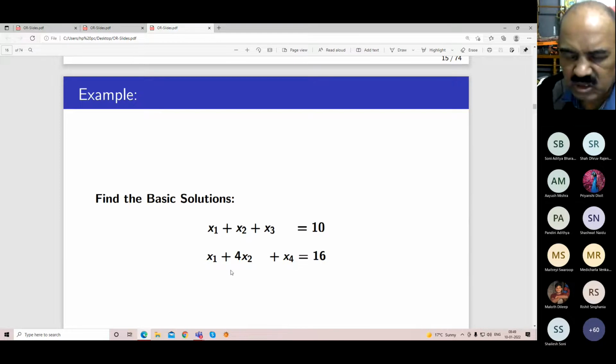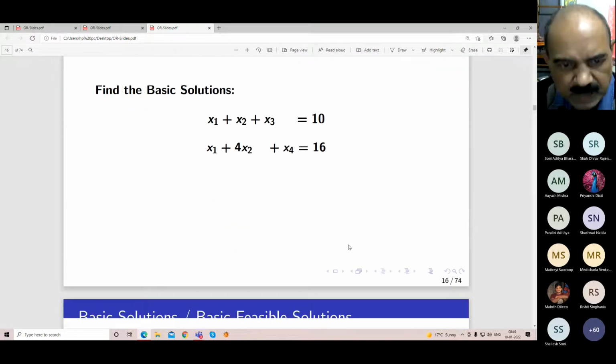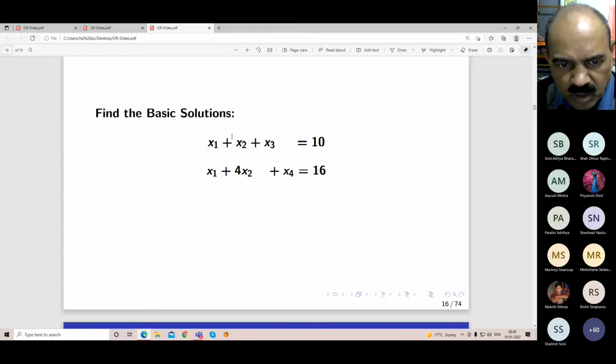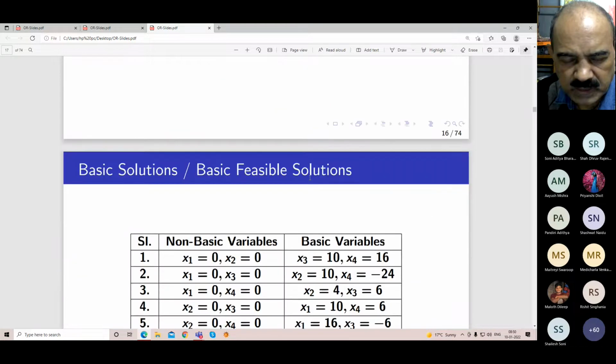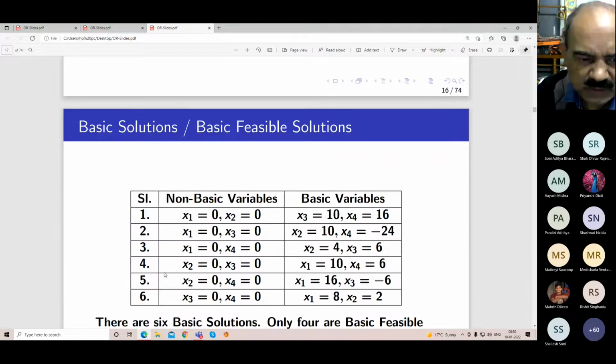So now we are going to solve it. Please remember x1 plus x2 plus x3 equal to 10, x1 plus 4x2 plus x4 equal to 16. It's very easy to remember these 2 equations. Now these 6 ways I have mentioned in this manner: first non-basic, then basic.